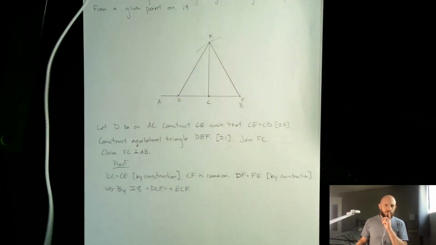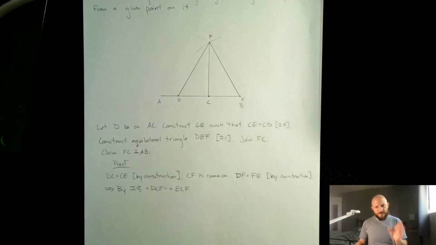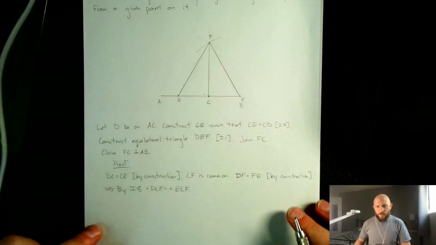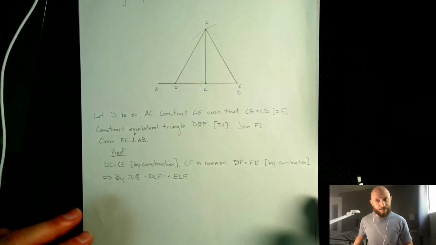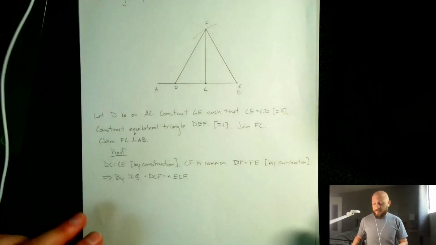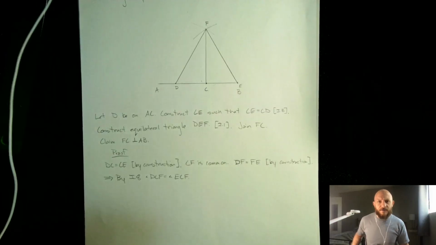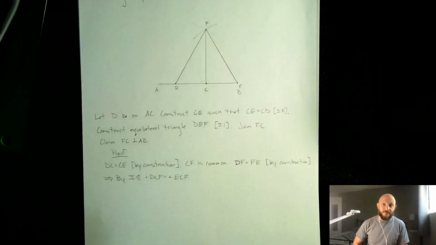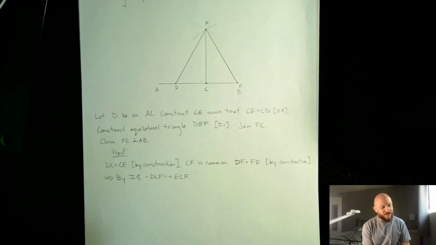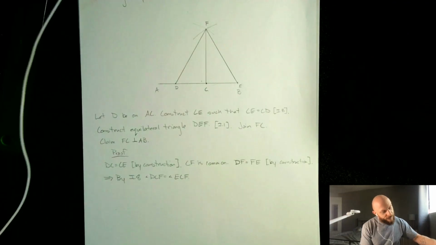And in order to finish this off, we have to invoke one more definition. This is the first time that this definition is coming up in the Elements, aside from the list of definitions. This is definition 10, the definition of a right angle. Let me read what is stated.